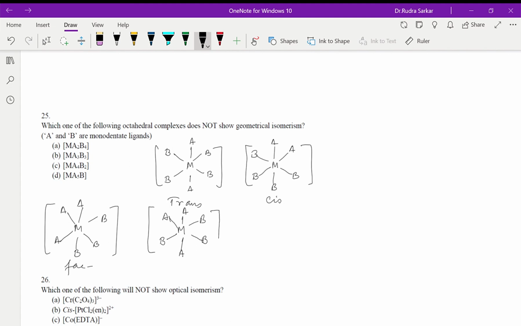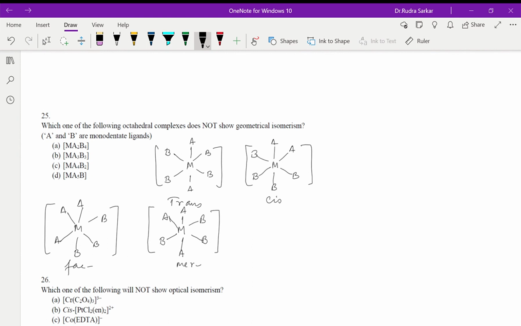So this is your meridional. So this is also showing GI. What about C? C also will be showing GI.